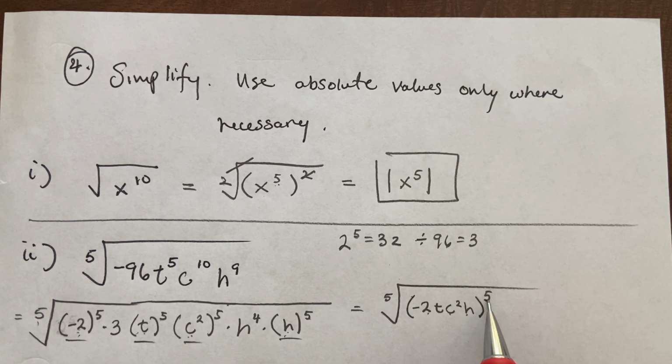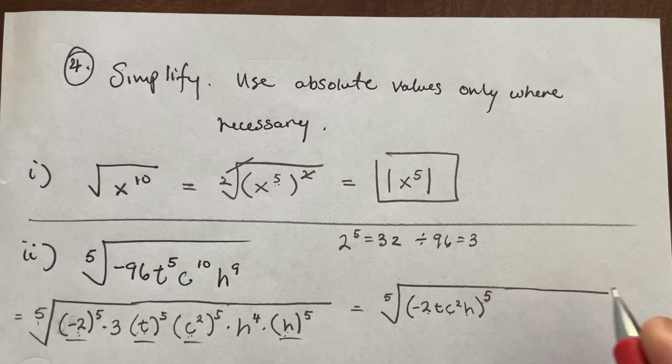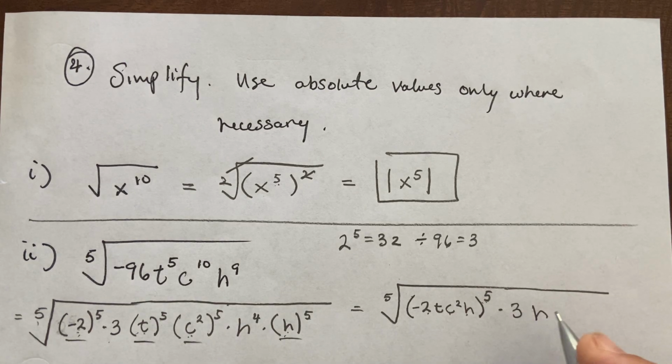So I have taken that fifth power outside. Then I have times 3, what was left behind is 3h to the fifth. Sorry, h to the fourth. Then I can go ahead and split up using the product rule there.